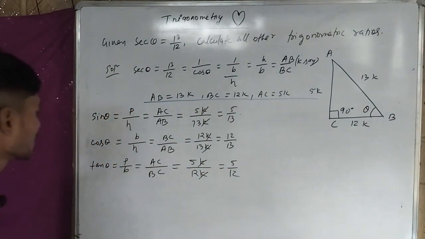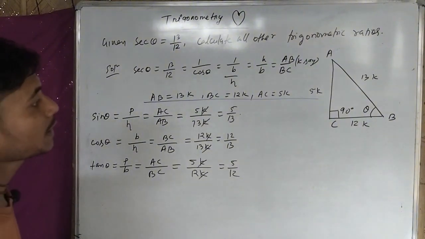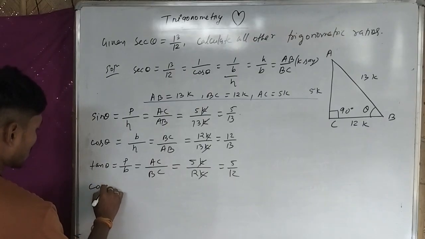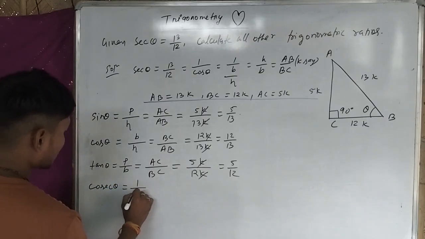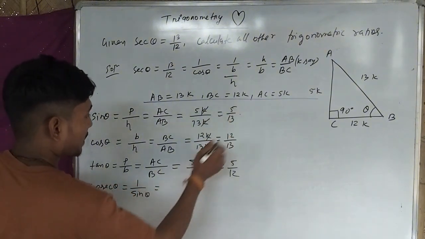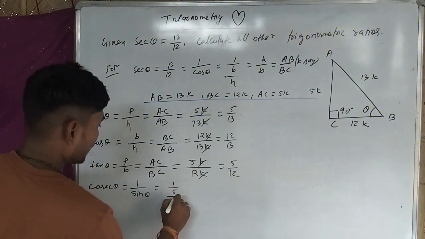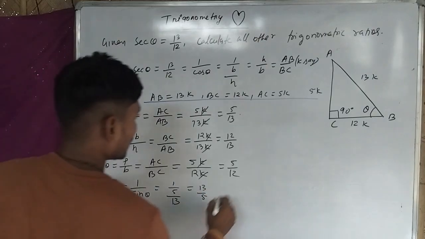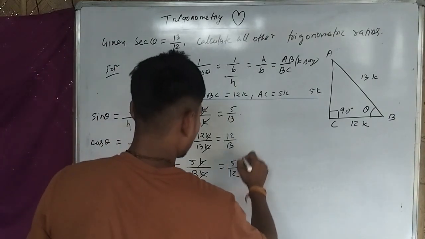Is that clear? Tan theta is perpendicular by base, that is AC by BC. Now cosec theta is the reciprocal of sin theta. Sin theta is 5 by 13, so that is 1 by 5 by 13, that is 13 by 5.